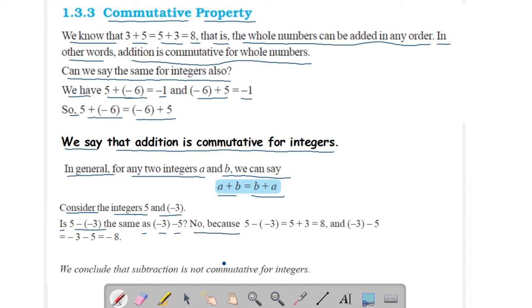No, because 5 minus minus 3 equal to 5 plus 3 equal to 8, and minus 3 minus 5 equal to minus 8. We conclude that subtraction is not commutative for integers.